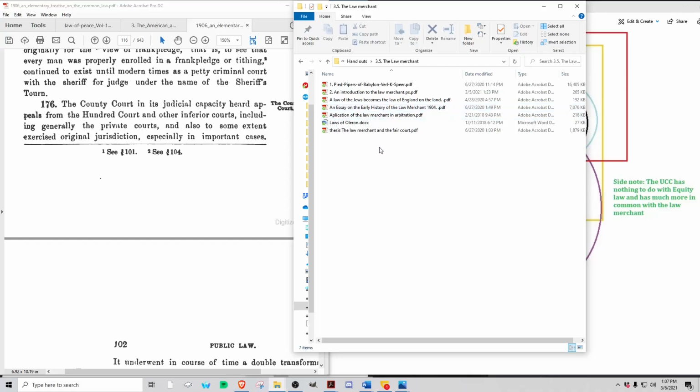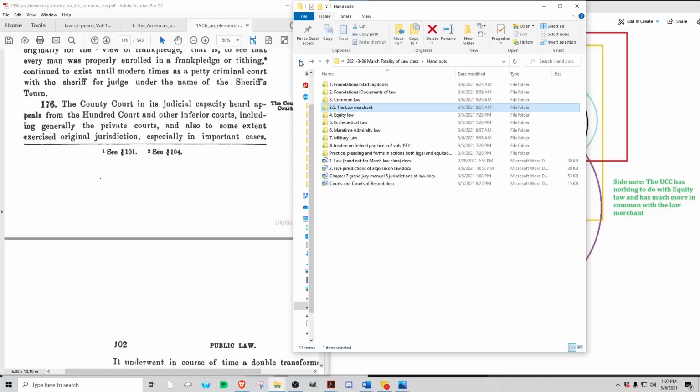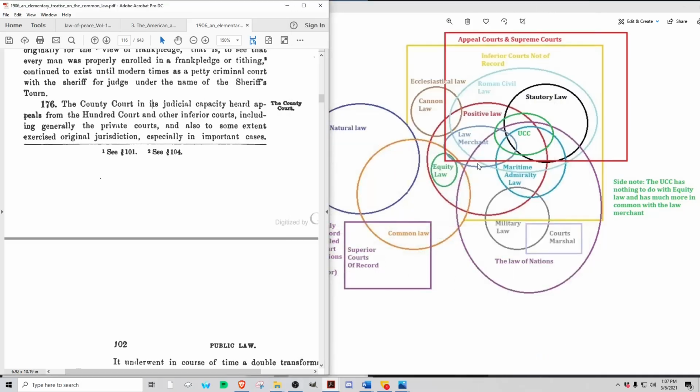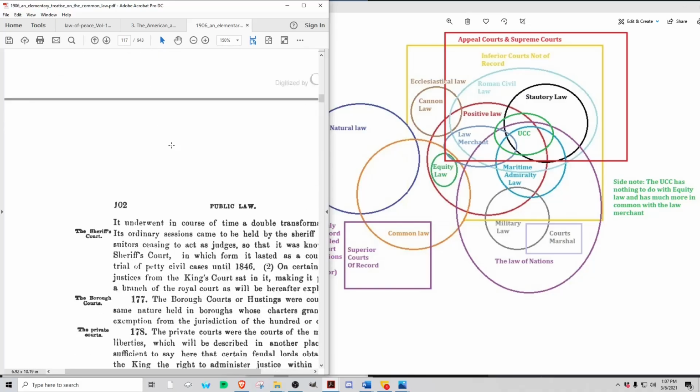Yep. So there is a thesis about the law merchant where it specifically talks about how they had their own types of courts during this time period. So that would be separate from, right? So they would have original jurisdiction in dealing with matters of law merchant affairs, right?